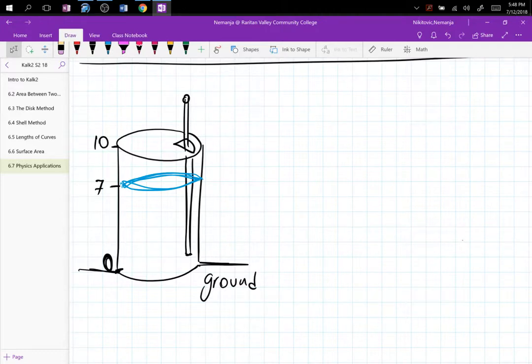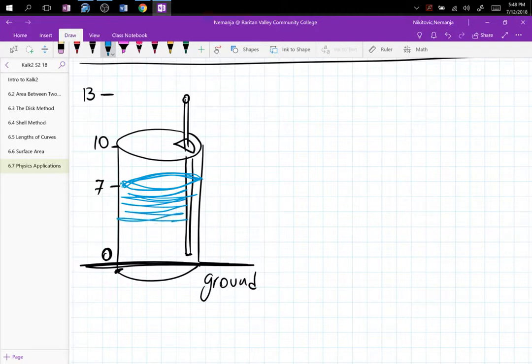And let's say that the straw is an additional 3, so the tip of the straw is 13 above the ground. I just noticed that these are not the same height. That's the ground, where the 0 is, the liquid is up to 7 units, the can is up to 10, and then the straw ends at 13.